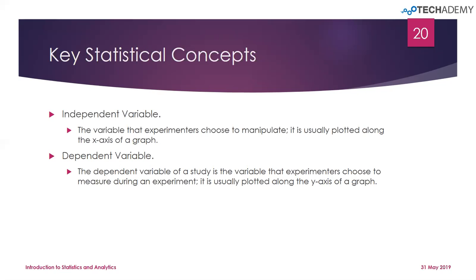A dependent variable means its value is calculated from another variable. Here the weight is calculated from height, so height is independent and the dependent variable is weight.